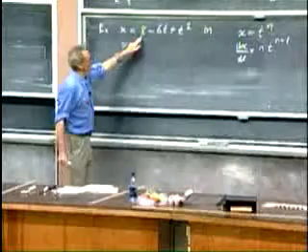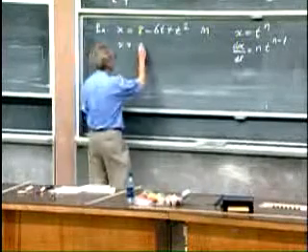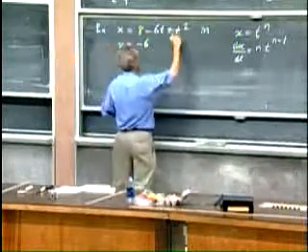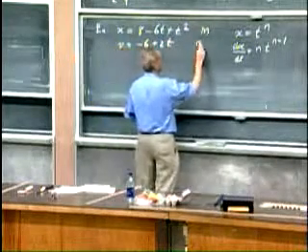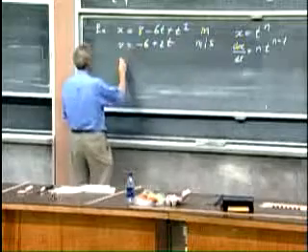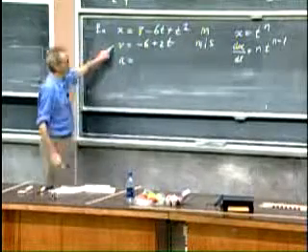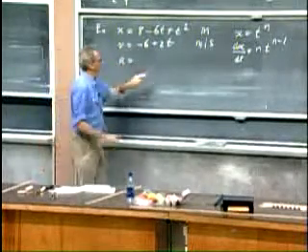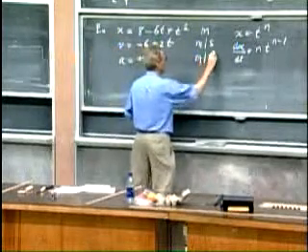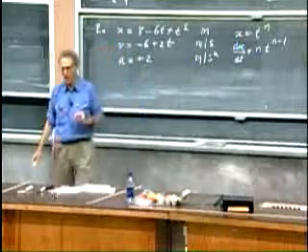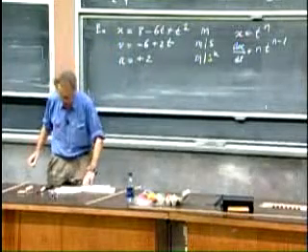So the derivative of 8 is 0. I get here minus 6. I get here plus 2t. This would be in meters per second. And the acceleration, I have to take the derivative of the velocity. I get plus 2. So notice that the acceleration is constant in time. It's not changing, but the velocity is changing.